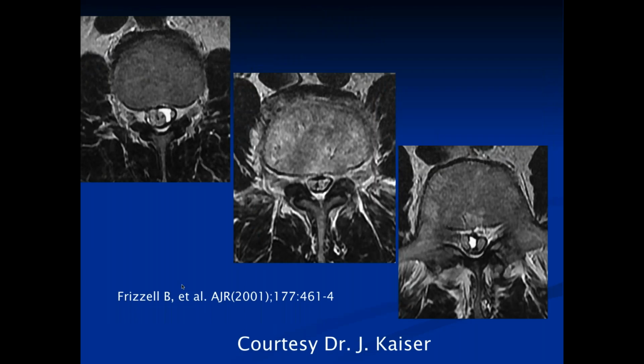Some of the nerve roots are thickened and clumped. So this is chronic arachnoiditis, and this is actually ossification of that. So these are arachnoid ossifications from long-standing arachnoiditis.